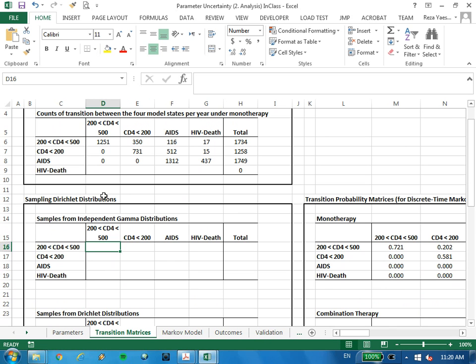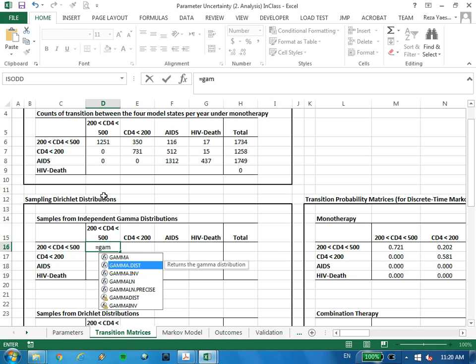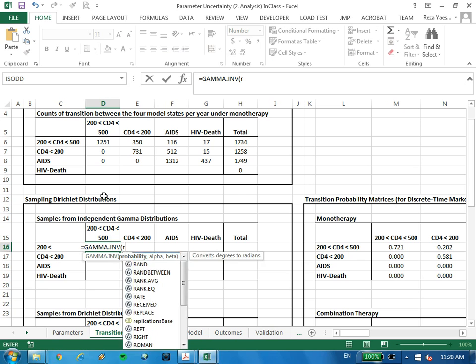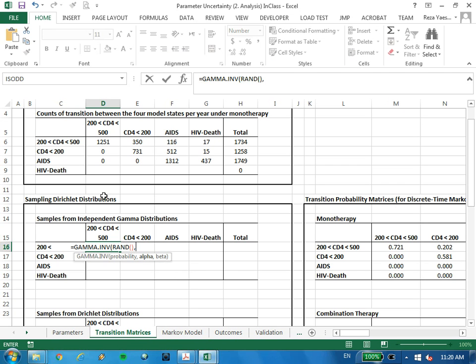Now, if we want to generate Dirichlet samples for the probability transition, first we need to generate some samples from a gamma distribution. So gamma inverse, we pass a random number between 0 and 1. Alpha is the number of counts for the first category, and we can set beta to 1 or any other number. Okay, let's go with 1.